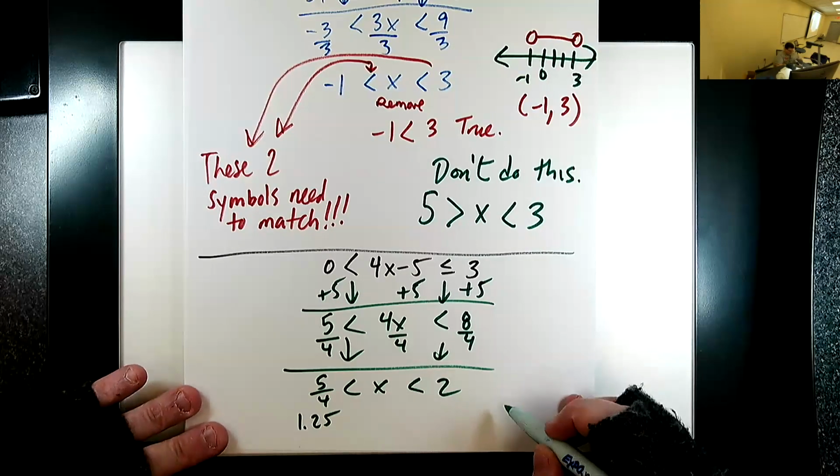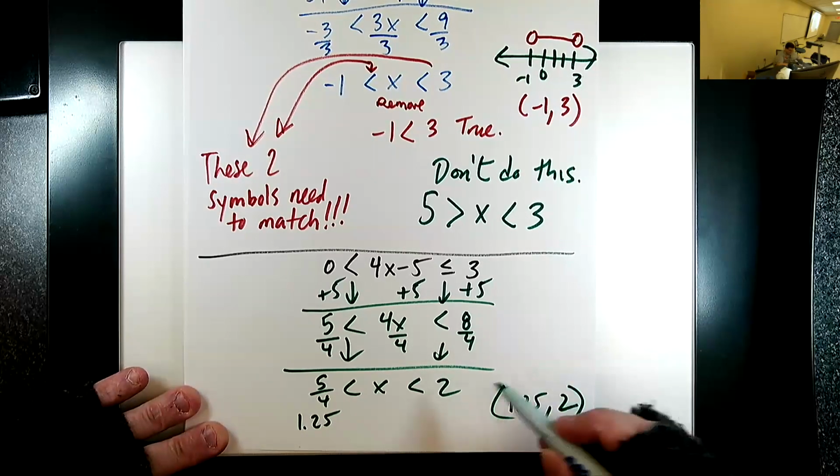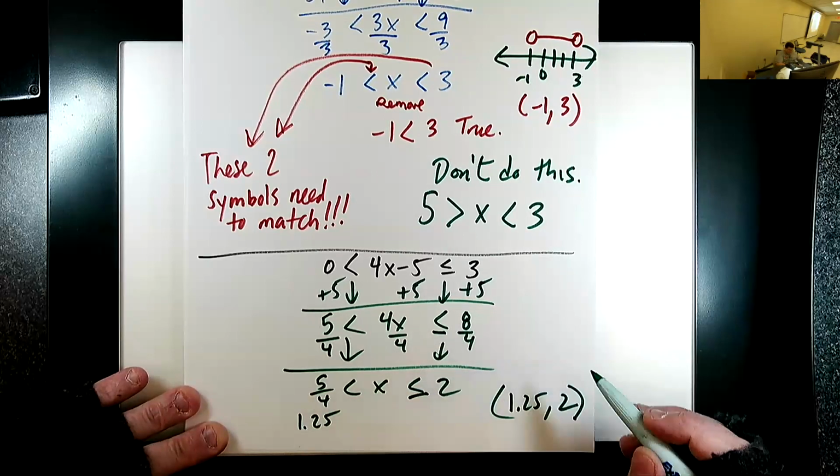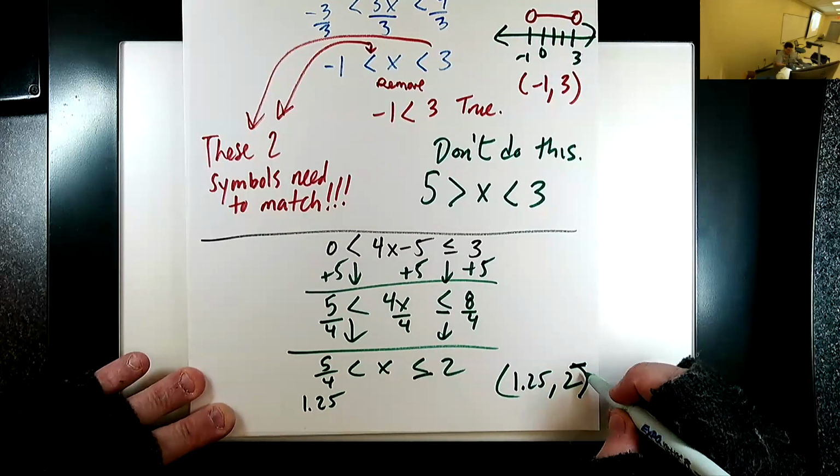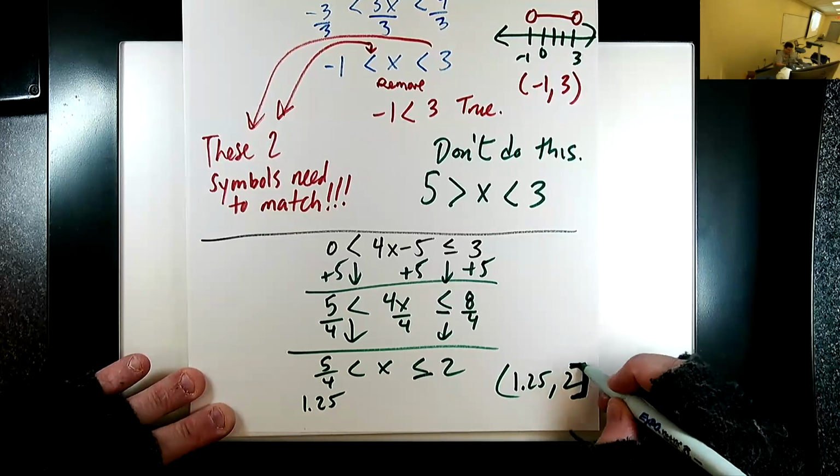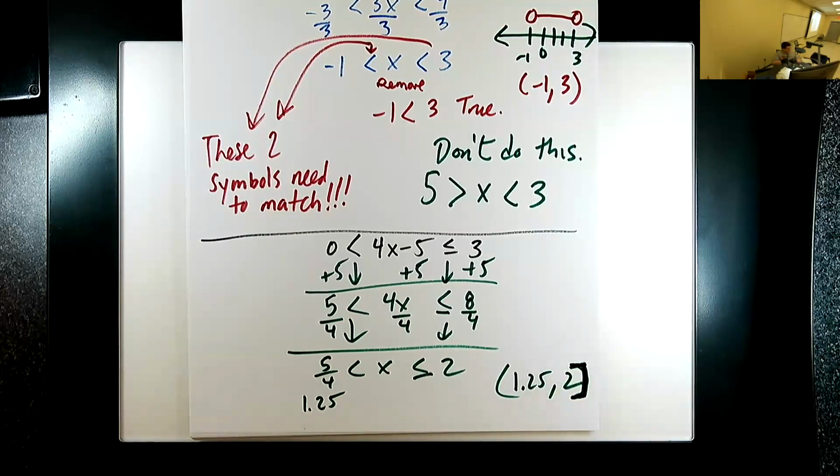And this is the sandwich, so it should be in between. And since that had an equal sign portion, that 2 is going to be a bracket. Don't forget that the bracket rules still apply for the inequalities.